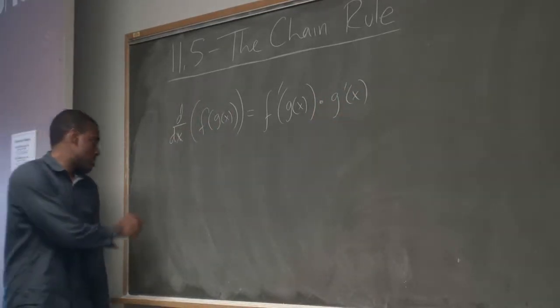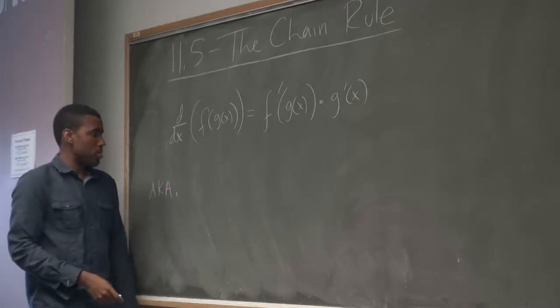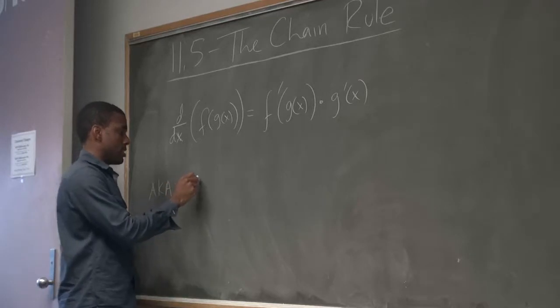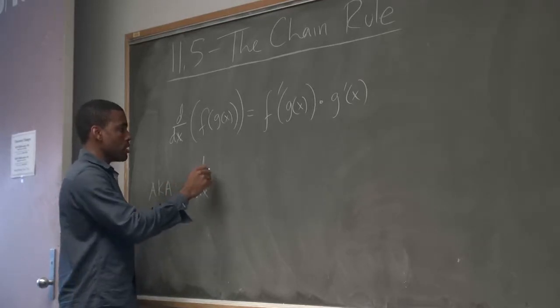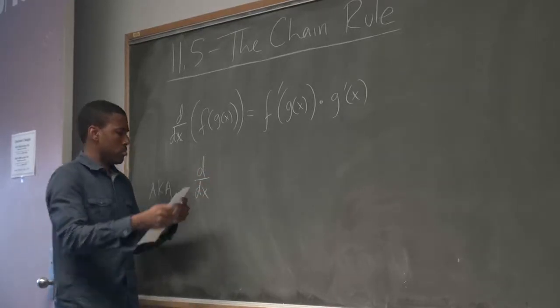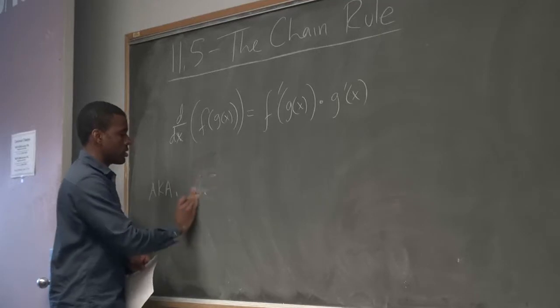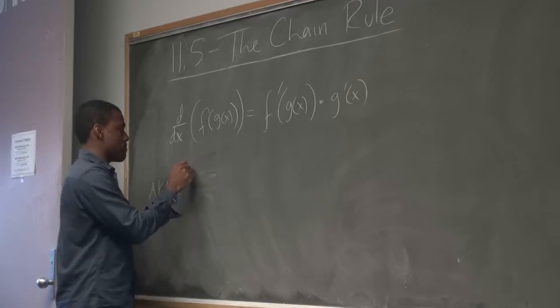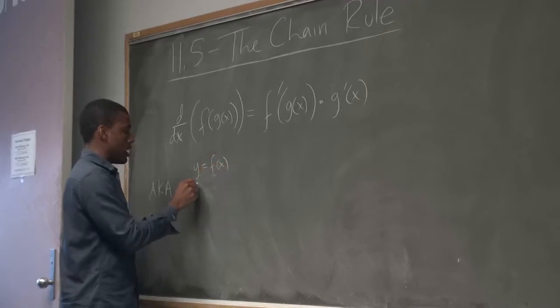There's another way to say it, where they use the Leibniz notation. Say y equals f of x, and your x is a function of something else, like a function of t.